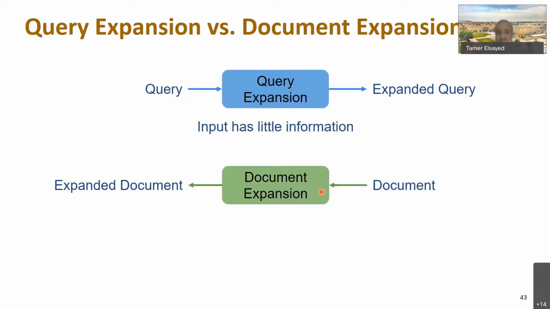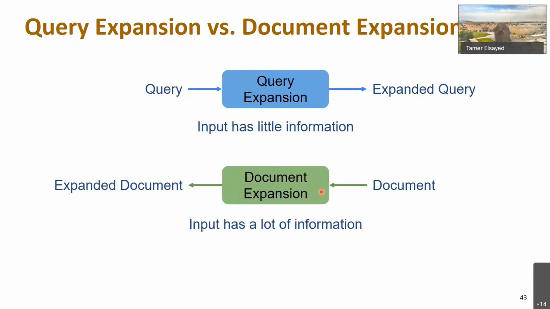In fact, when expanding the query, we have little information about the topic, which is represented by the words in the query, which is much shorter than the document. So we have few terms, and we use these few terms to add new terms. But for the document, we have lots of information. We have all the terms in the document, which is much larger than the query.